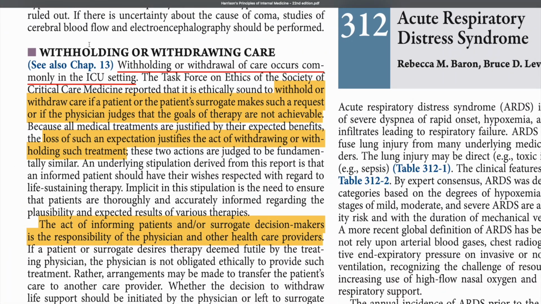So in ICU, the most important thing is withholding or withdrawing care. In ICU, withhold or withdraw care if a patient or patient's surrogate makes such a request, or if the physician judges that the goal of the therapy is not achievable. So the physician, patient, and the patient's surrogate should all talk and decide on this, either for withholding or withdrawing the care.